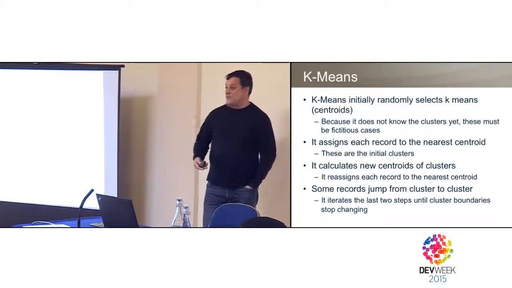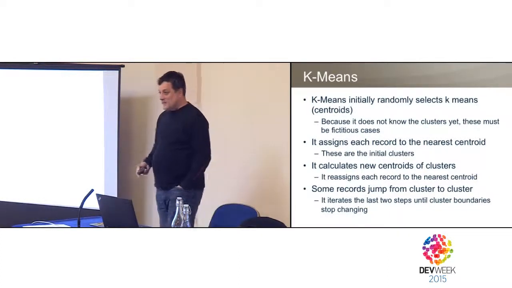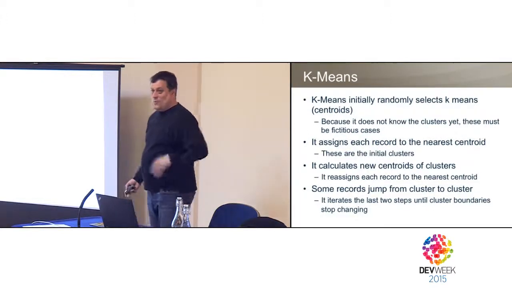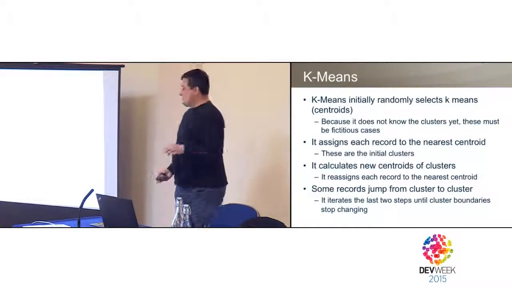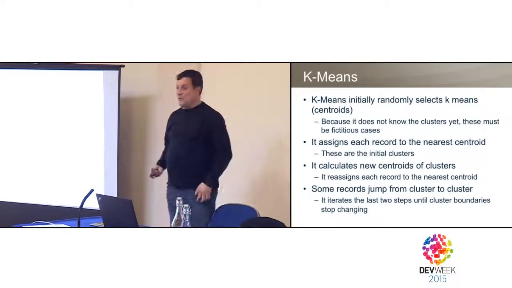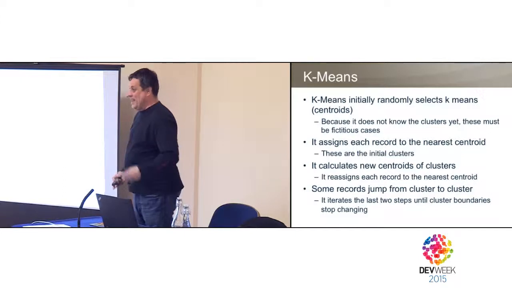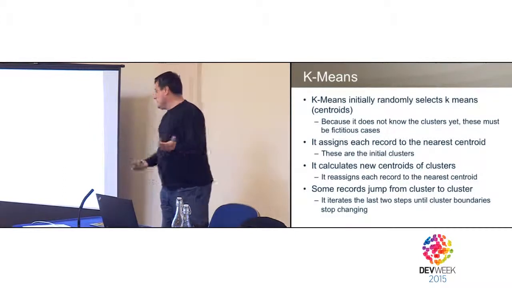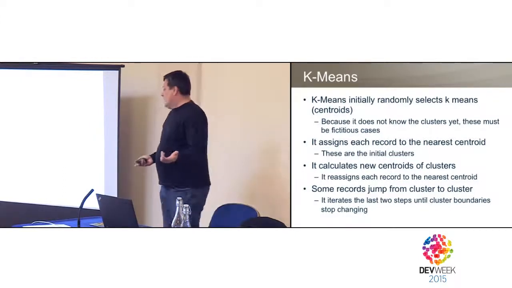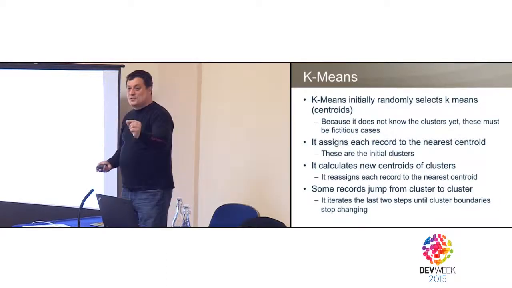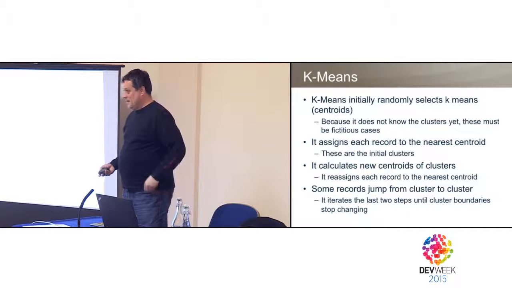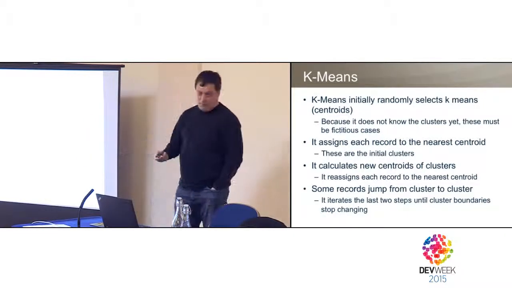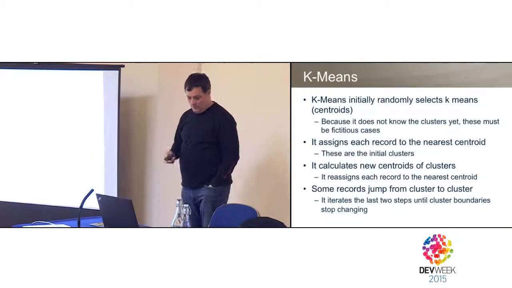But now when we have clusters, we can calculate these means or centroids. So actually these centroids move. Once the centroids move, we can recalculate cluster membership. And then we continue until some stopping condition. Now very nice is if cases stop jumping from cluster to cluster, then I'm done. Otherwise, it could be just the number of iterations if it goes too far.